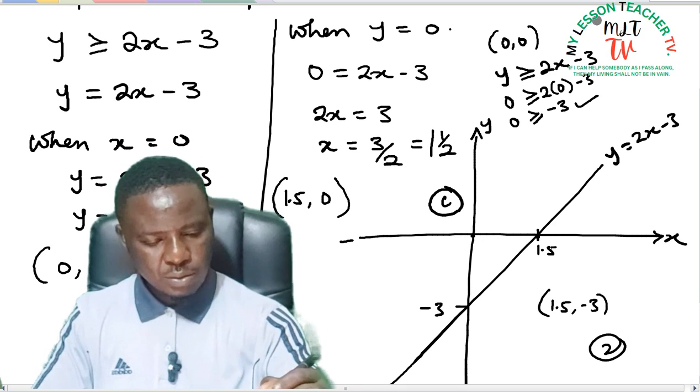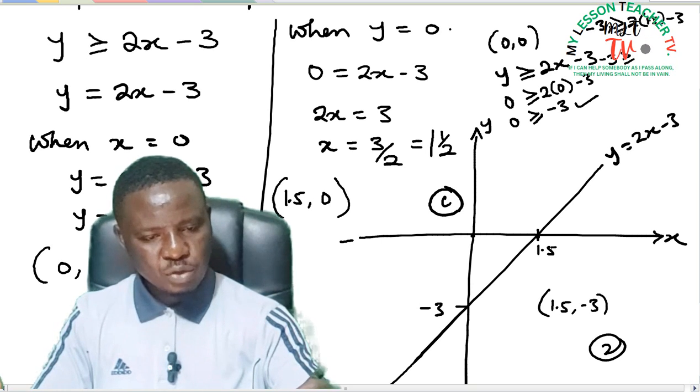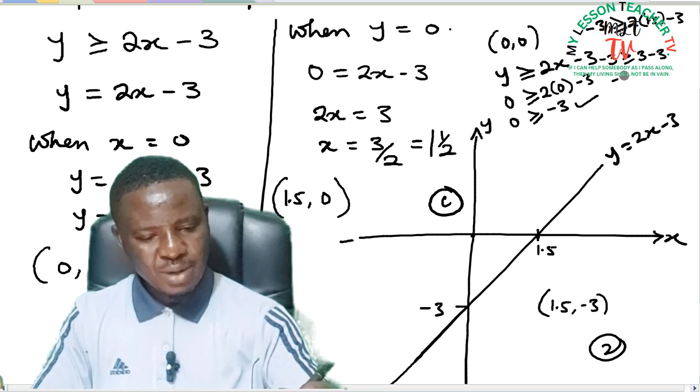If y is minus 3, is minus 3 greater than or equal to 2 times 1.5 minus 3? Let's see. Is minus 3 greater than or equal to 1.5 times 2, which is 3, and 3 minus 3 is 0? Is minus 3 greater than or equal to 0?